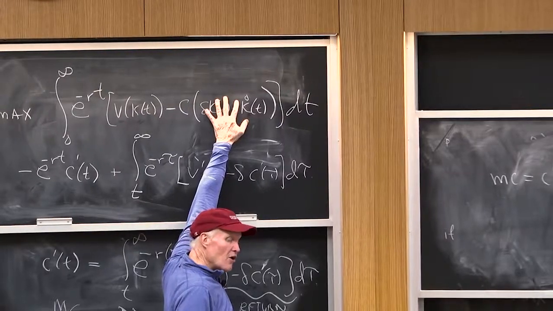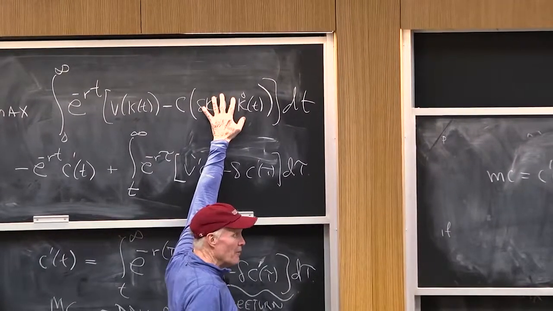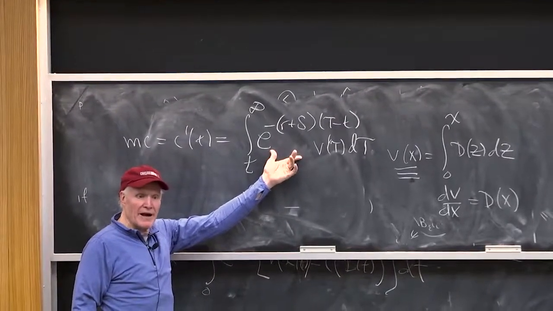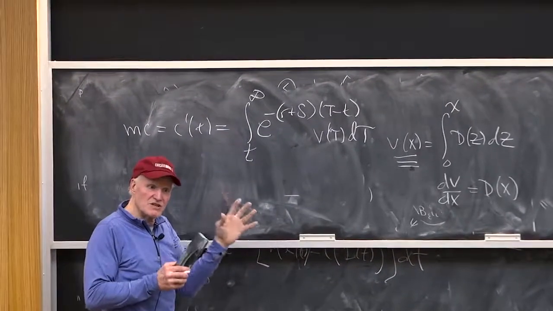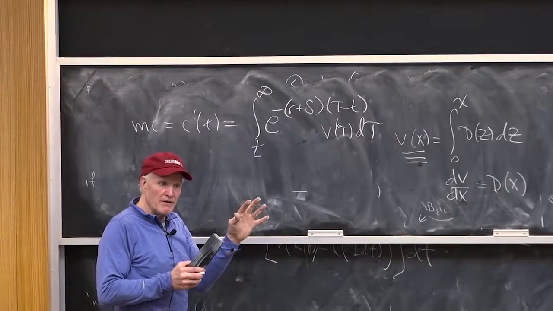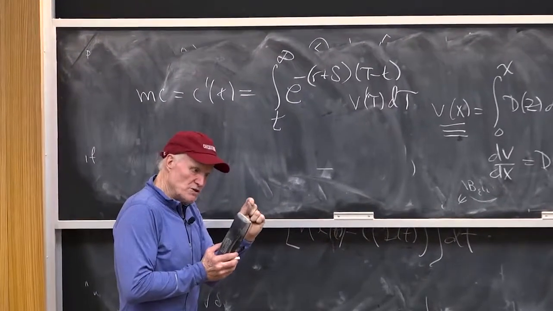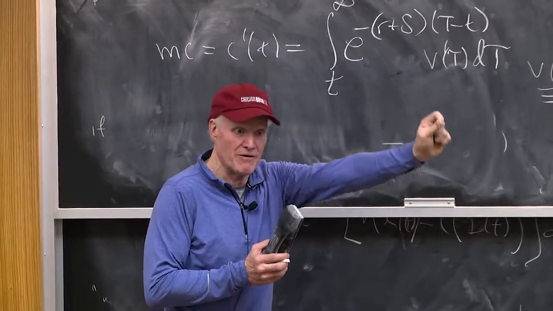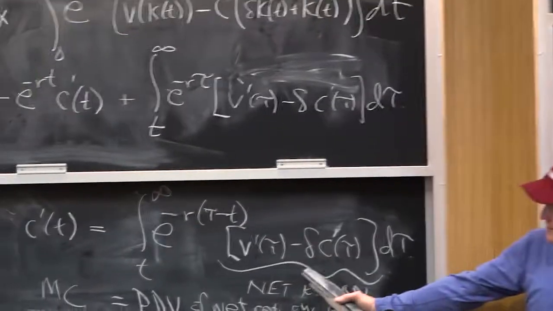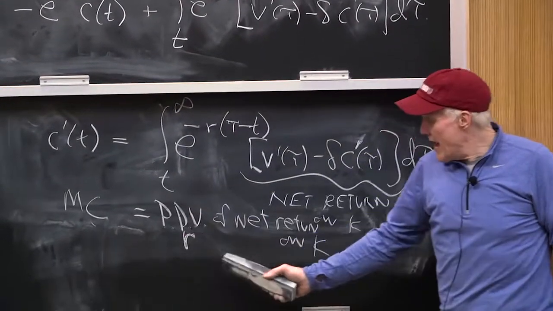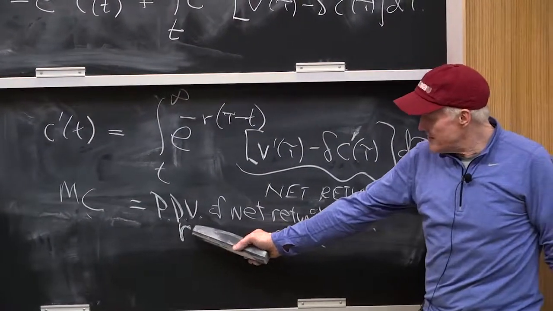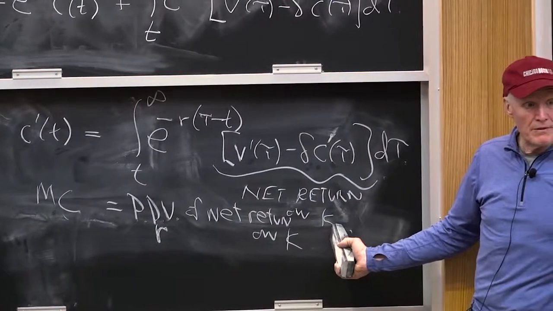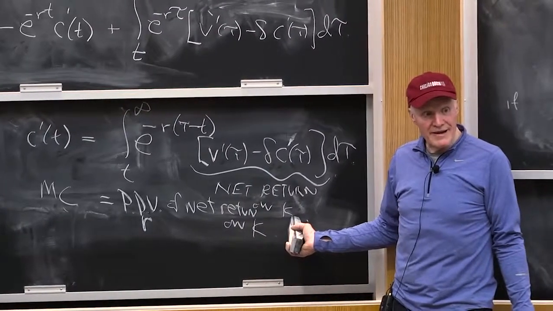So I don't have to pay the cost of maintaining that extra unit of capital, but the loss from doing that is that capital is going to depreciate away now. Everybody understands? It's just a different perturbation. The first perturbation I did was you invest a little more today, and then you maintain that higher capital stock forever. That corresponds to saying the marginal cost of investment has to be the present value discounted at the market rate of interest of the net return on capital, because you have to pay the cost of maintaining your higher capital stock.